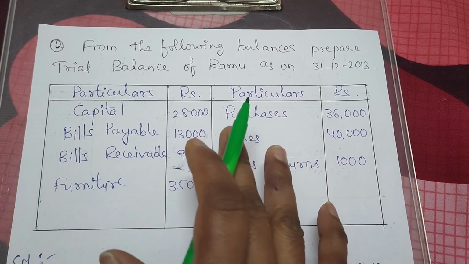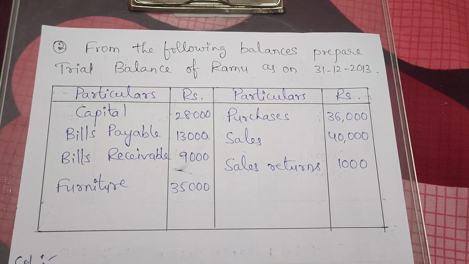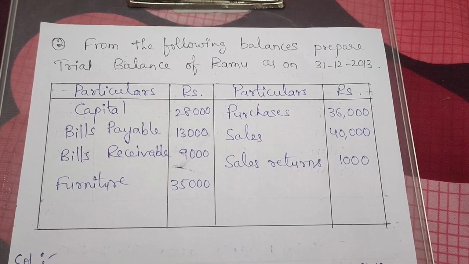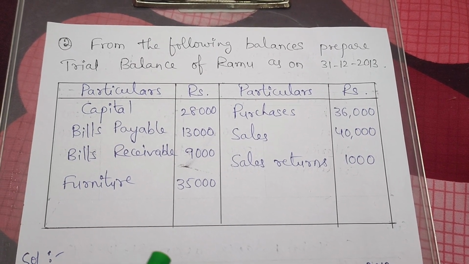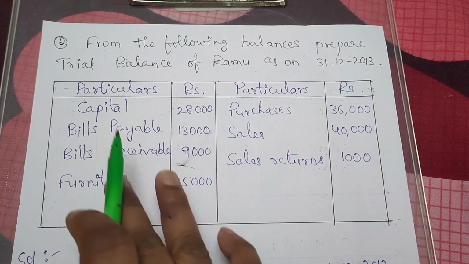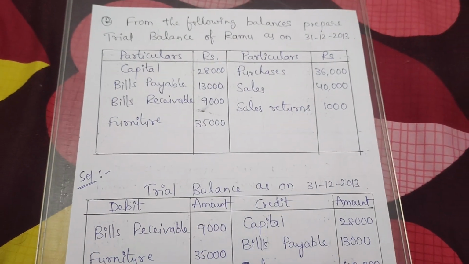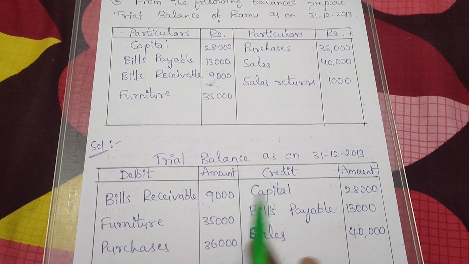How should we decide? By taking into account our trial balance rule. So we have to apply that rule and decide whether these items are going to appear on debit or on credit, and record them under the proper head.